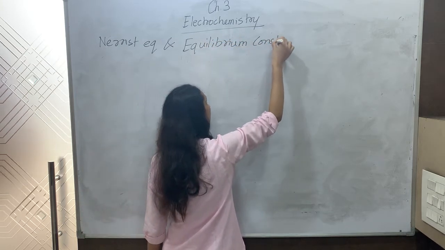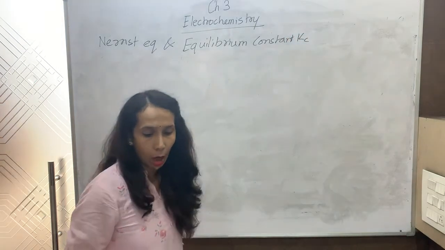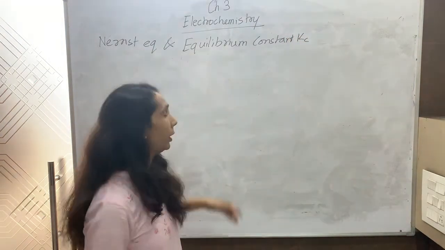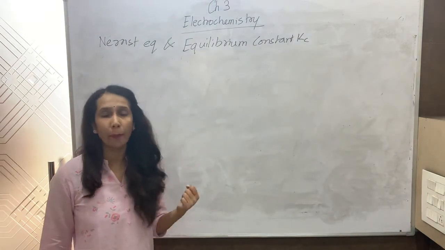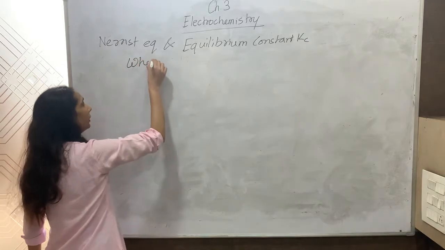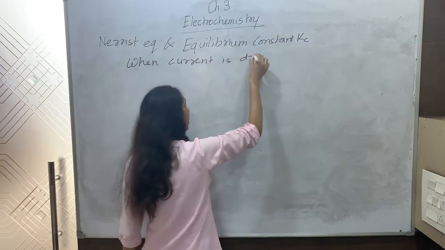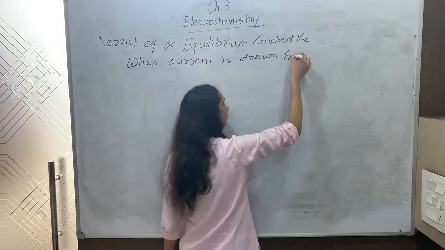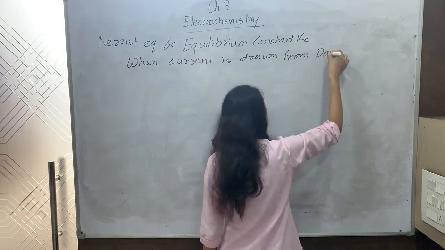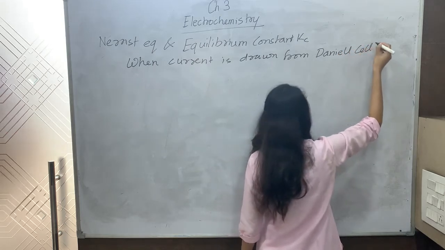Now, to understand how the Nernst equation and equilibrium constant are related, let us take the example of a Daniell cell. A Daniell cell consists of a zinc rod dipped in zinc sulfate and a copper rod dipped in copper sulfate.